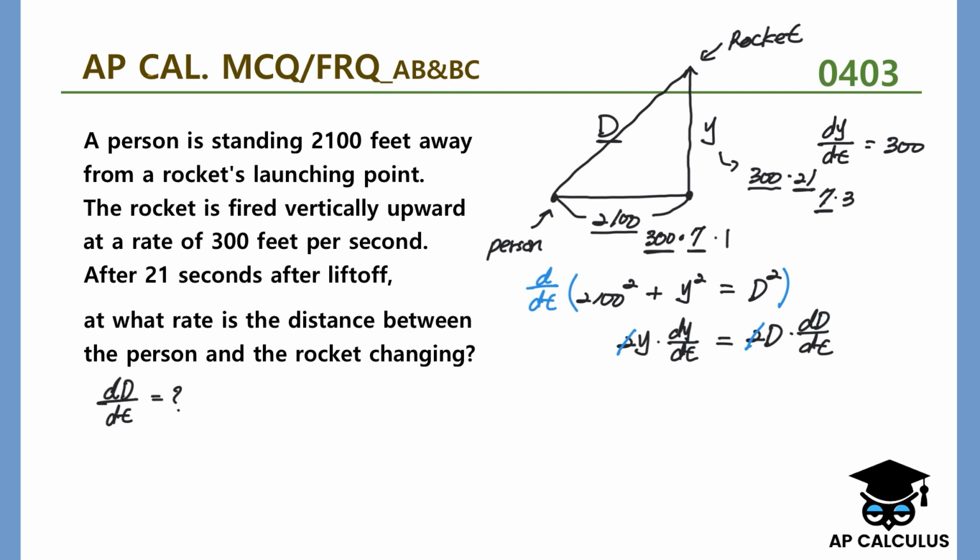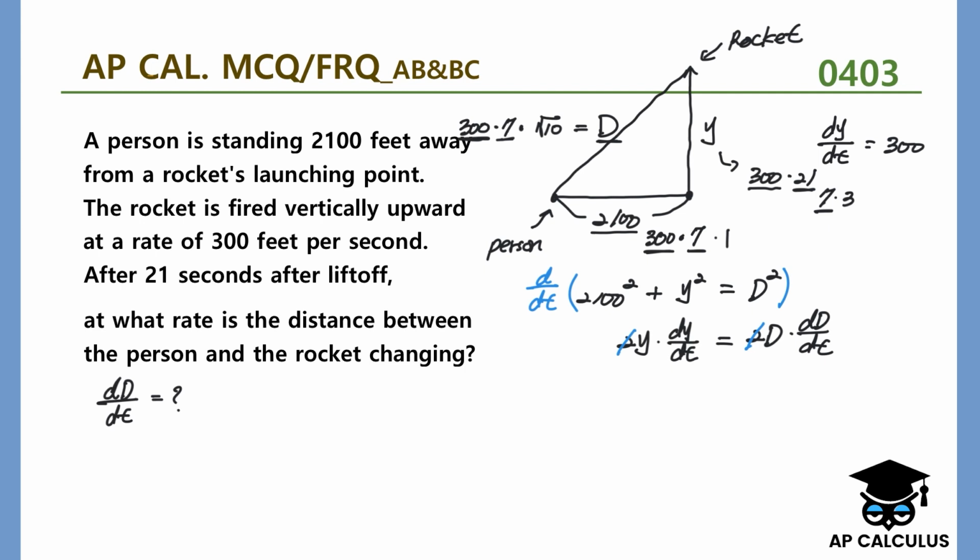Using the Pythagorean theorem, if this is 1 and this is a 3, what is this? Square root of 10. So this is going to be square root of 10, and this must have a factor of 300 times 7. So 300 times 7 times square root of 10. Does that make sense? So that's 2100 square root of 10.